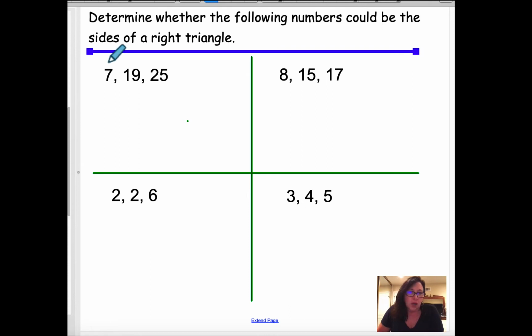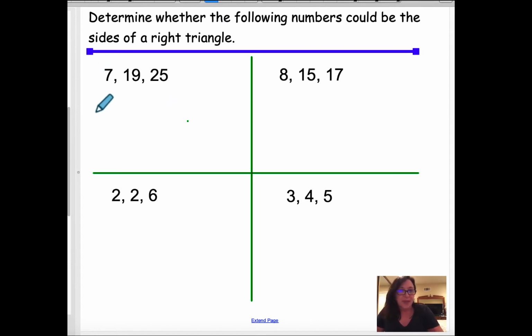So we could go 7 plus 19. 7 plus 19 is 26, so that is greater than 25. 19 plus 25 is definitely greater than 7, and 7 plus 25 is bigger than 19. So they're just saying, yeah. And what they're asking is, can I make this a triangle? First of all, yes. And then second, is this a right triangle or not?